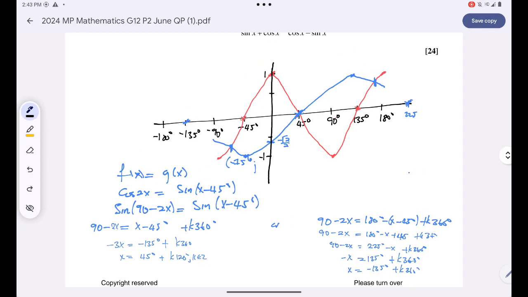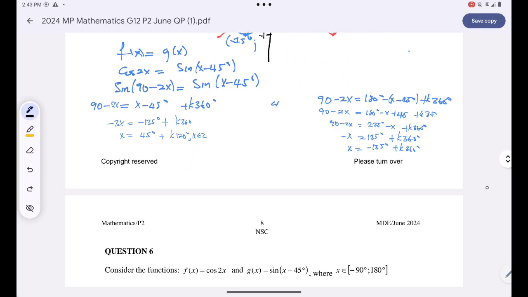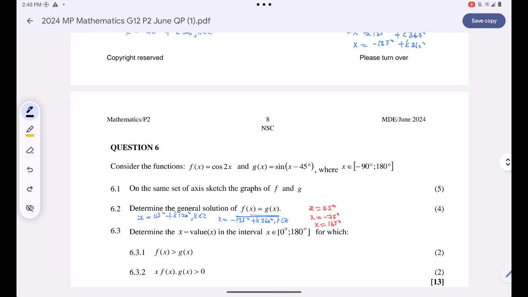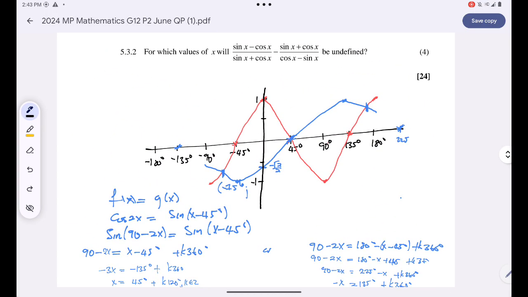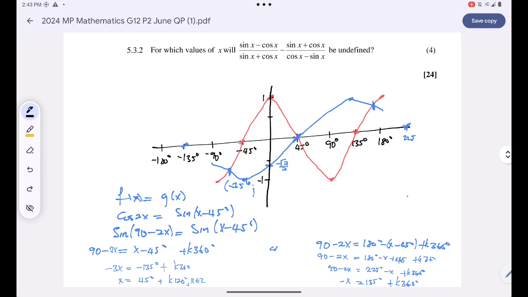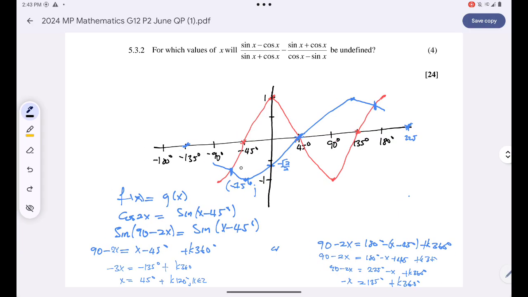Okay, they want us to find the values of x whereby the graph of f is above the graph of g of x. Remember, guys, the graph of f of x is the red graph, and it is above g of x over here. Let me highlight instead of shading.